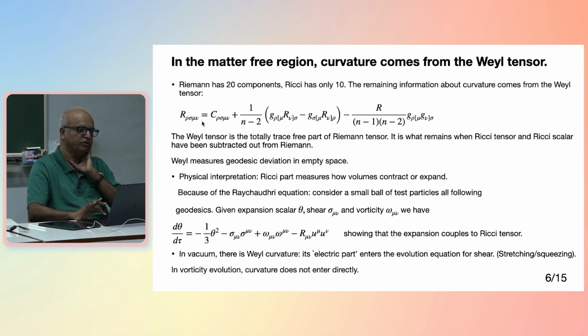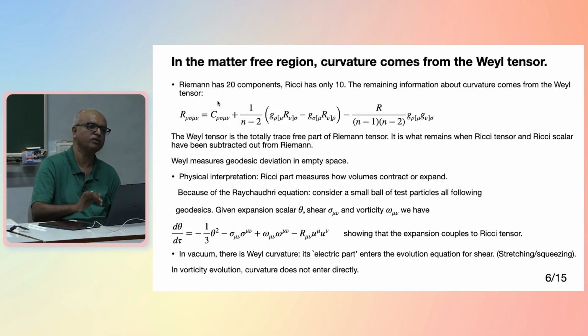If you take a trace of Riemann, you will get Ricci, and one more trace, you get the Ricci scalar. Whatever is left is totally traceless, meaning for this Weyl tensor C, put this index up, take a trace with any of the other 3 indices, that trace will be 0.